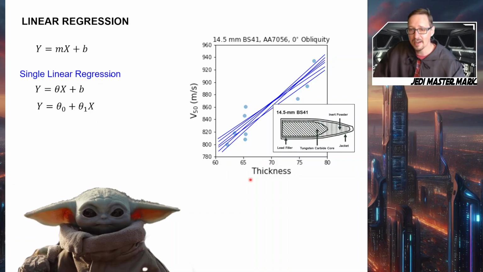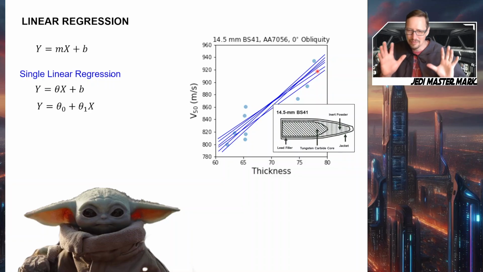And here's some data where we have, again, armor thickness versus the velocity, where 50% of the bullets go through, and I just drew some lines on here to give you an idea that at some point we're going to have to figure out, like, how do you choose the best line?